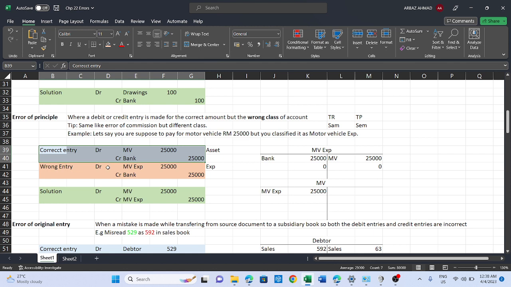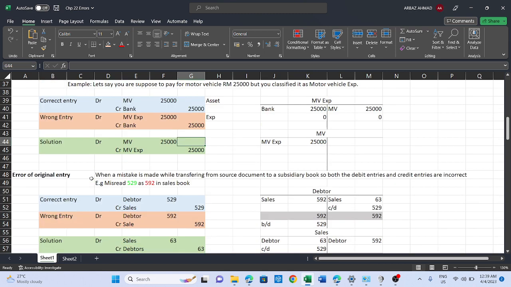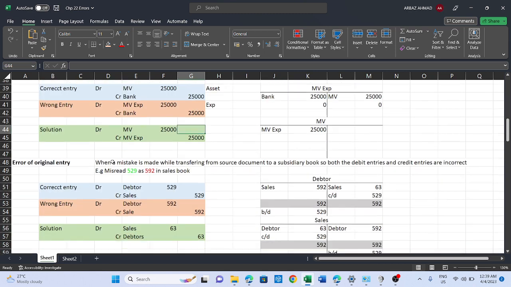But what we did is we debit the motor vehicle expense. The bank entry is correct. So in order to correct this one, we credit this account to cancel off the debit, so now it's zeroed, and now we can debit the correct account.